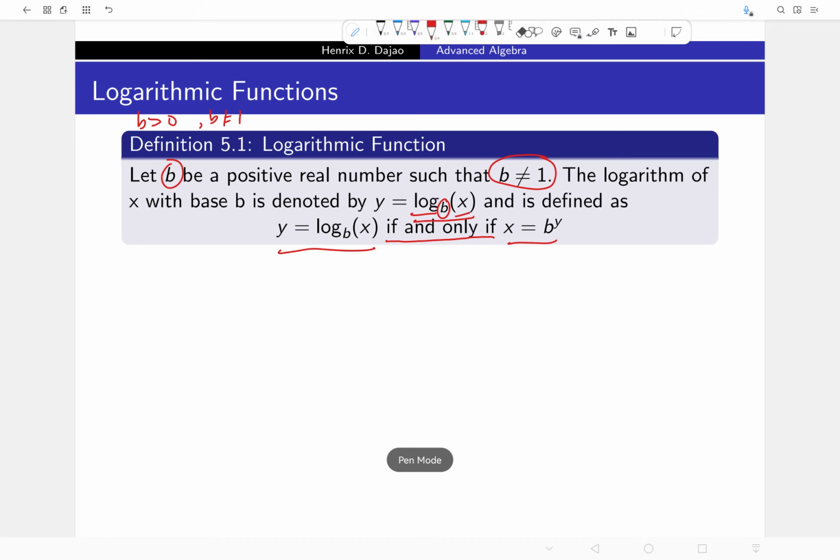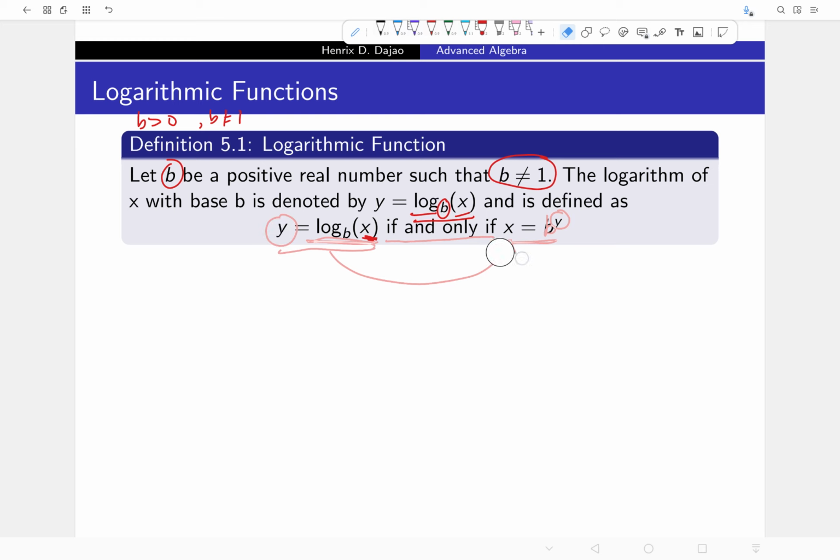So what is really the meaning of this logarithm of x with base b? If you look at its equivalence, you'll have an idea that y here, which is our logarithm of x with base b, is actually the exponent of b, so that the answer will be x.